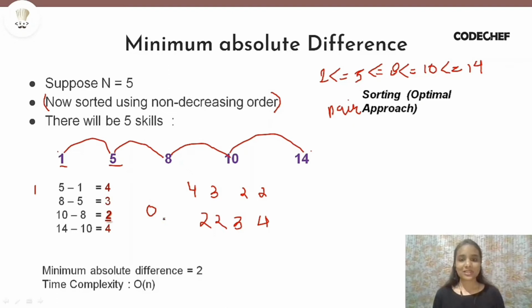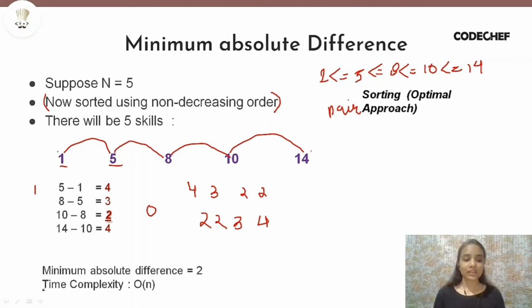So the skill difference between the horses would have been 0. And the lesser the better, so 0 would have been our answer. And so from this approach also we have found the minimum absolute difference, that is 2.